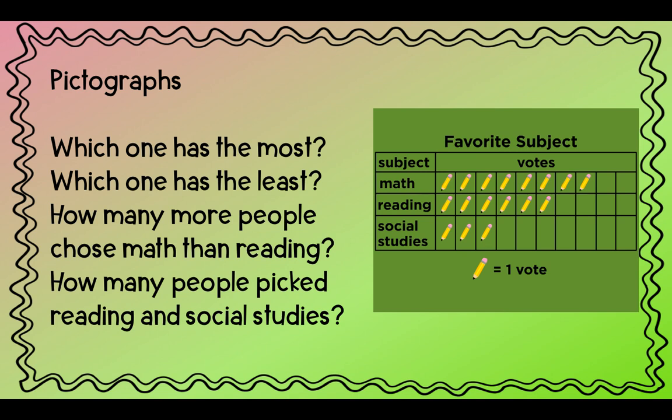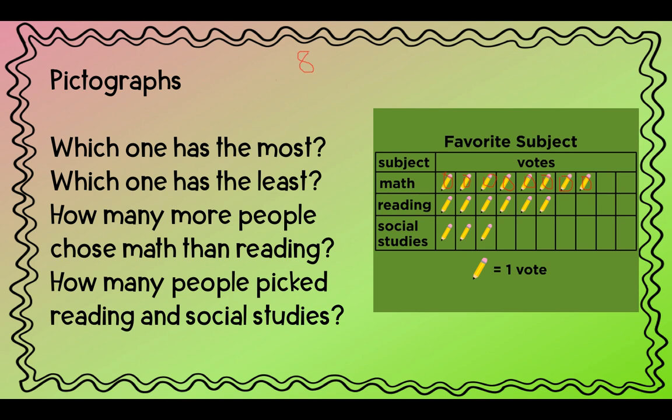Now the tricky questions. How many more people chose math than reading? So start by counting how many people chose math. I see 1, 2, 3, 4, 5, 6, 7, 8 people that chose math.